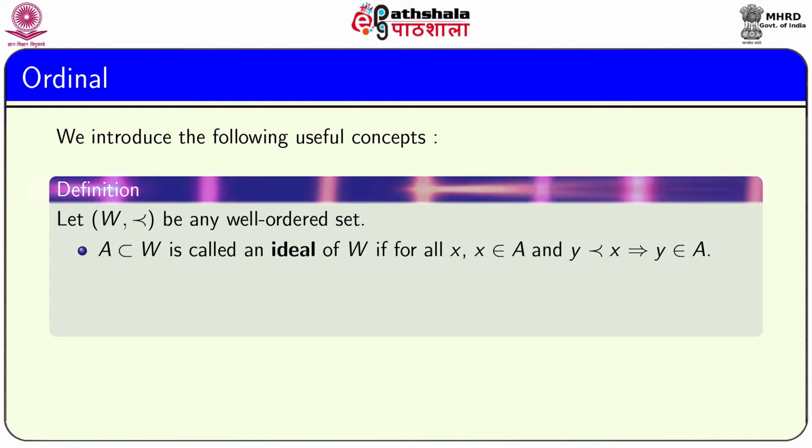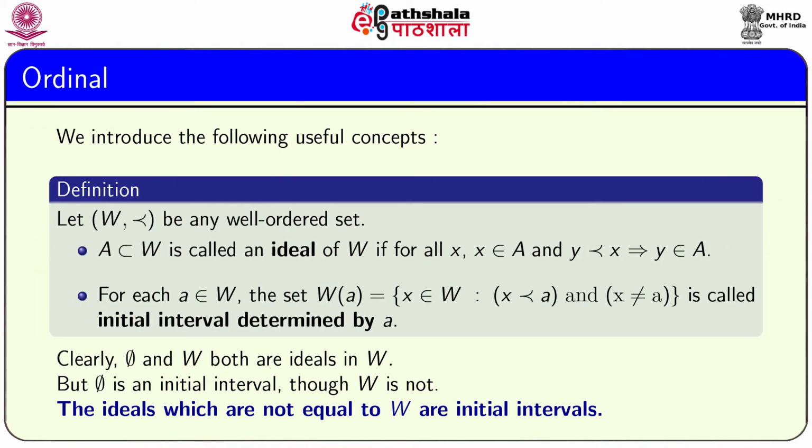A subset A of W is called an ideal of W if for all x, x belongs to A and y less than x implies that y belongs to A. For each a belonging to W, the set W_a, which is the collection of all x belonging to W such that x is less than a and x is not equal to a, is called the initial interval determined by a.